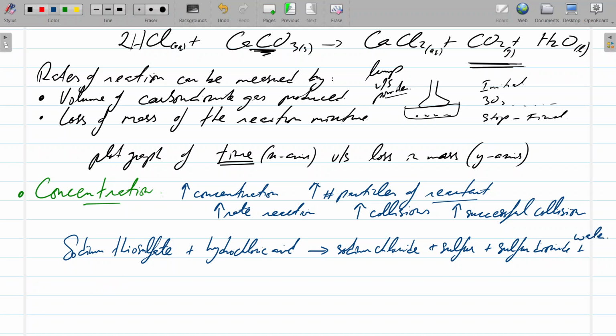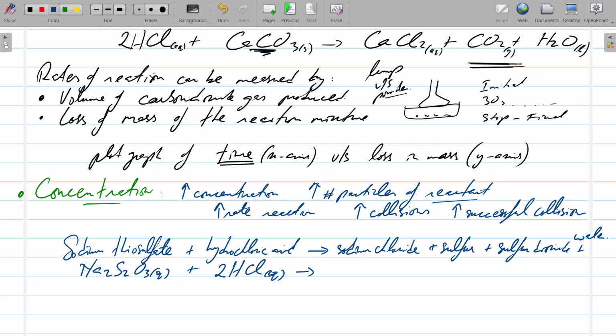What does it look like in terms of its equation? You've got Na2S2O3, so that's sodium thiosulfate, and that's aqueous. Then you've got 2HCl, which is also aqueous.